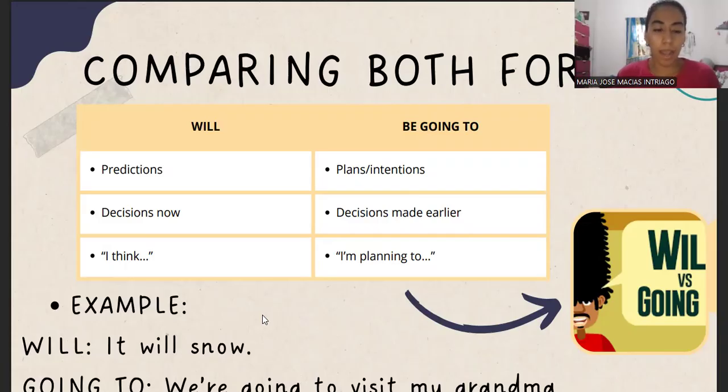For example, "I think it will rain" is a prediction. "We're going to visit my grandmother" is a plan. This comparison helps students see the correct structure.